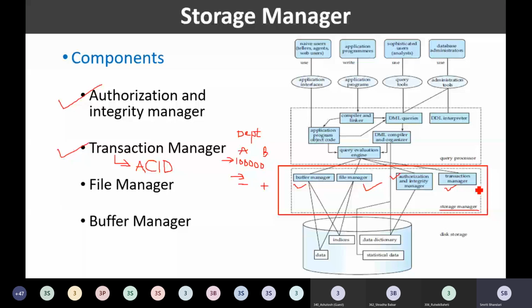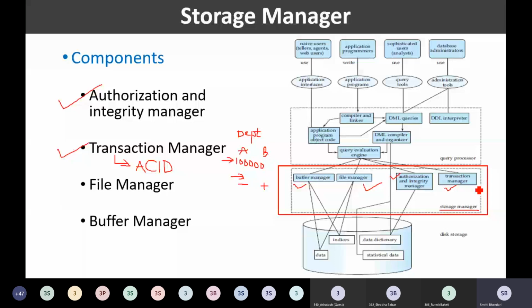My transaction manager is also responsible to provide access to concurrent users or multiple users simultaneously, and should ensure that always my database system will remain in consistent state.